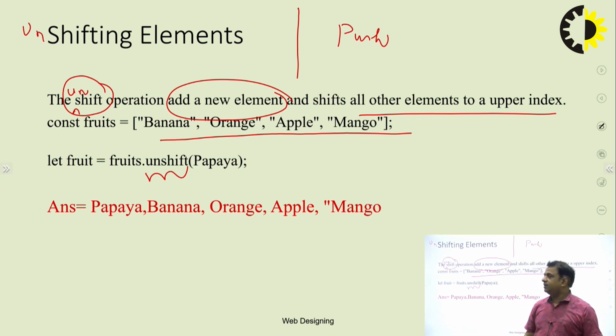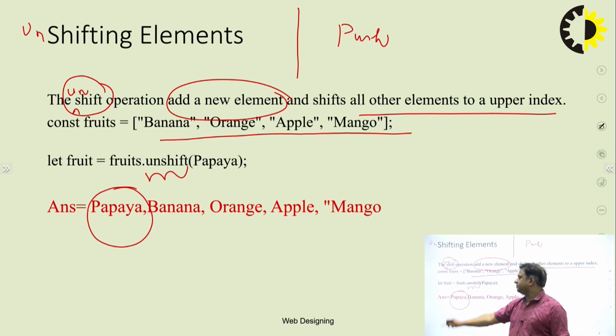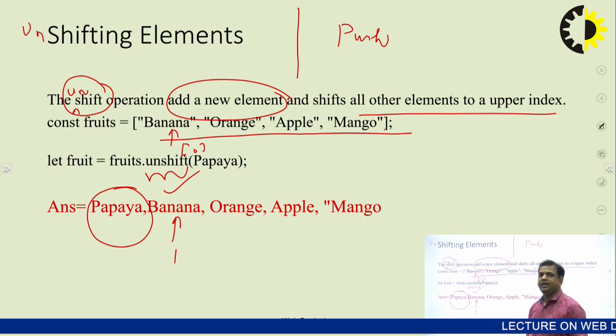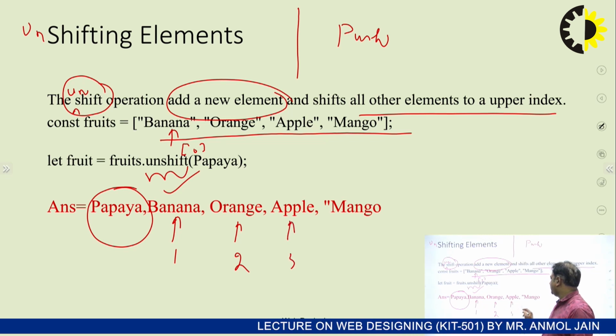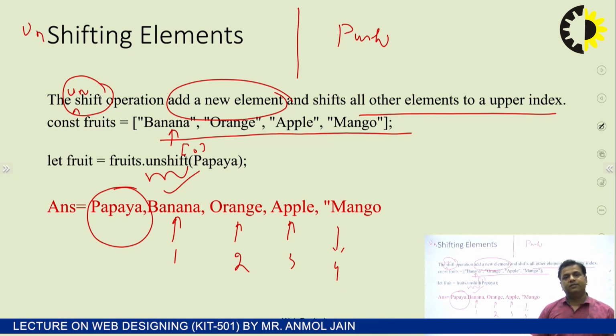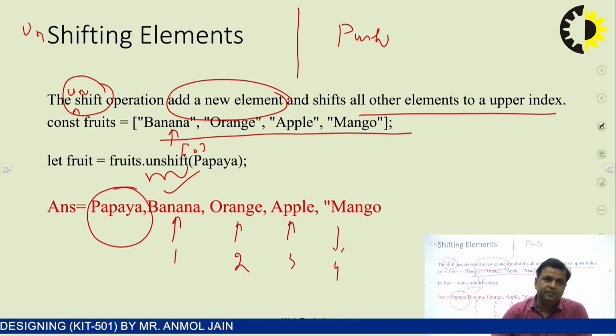But if you want to insert an element at the start, use unshift. So papaya will be set at index 0, and all other elements' indexes will be increased by 1. The banana index was 0, but now it will be 1. Orange will be 2, apple will be 3, mango will be 4, and so on. So the indexes of other elements are incremented by 1.